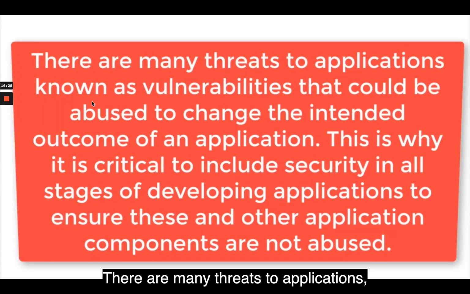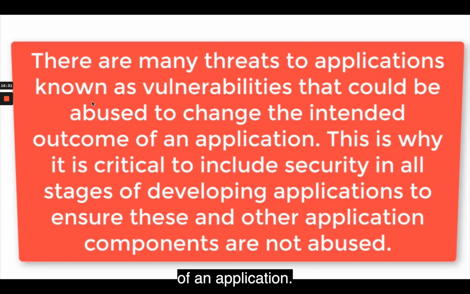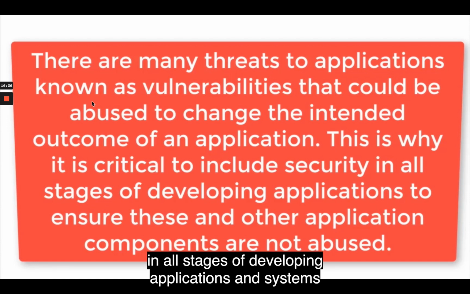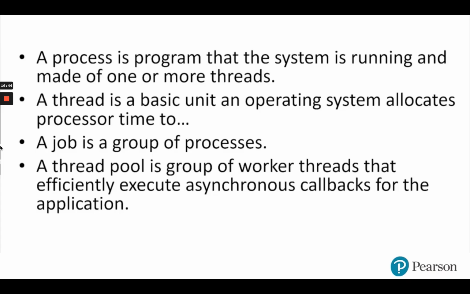There are many threats to applications and, of course, many vulnerabilities that could be abused to change the intended outcome of an application, right? This is why it is critical to include security in all stages of developing applications and systems to ensure that these and other application components are not abused and not attacked, right?